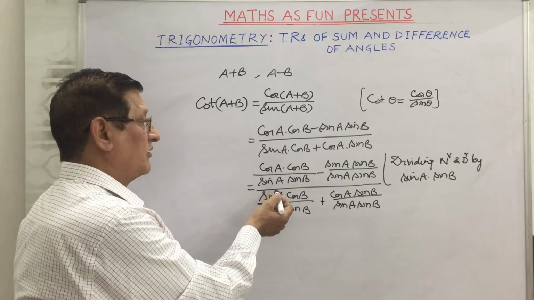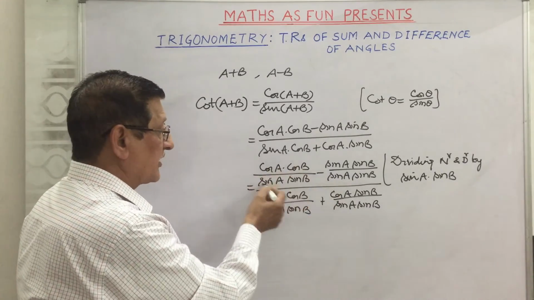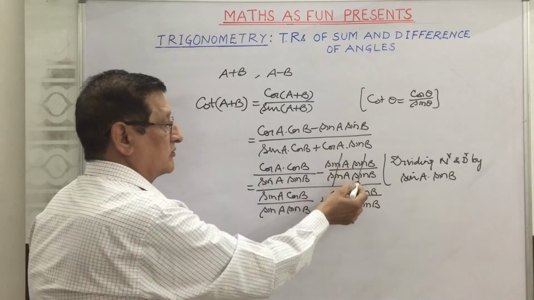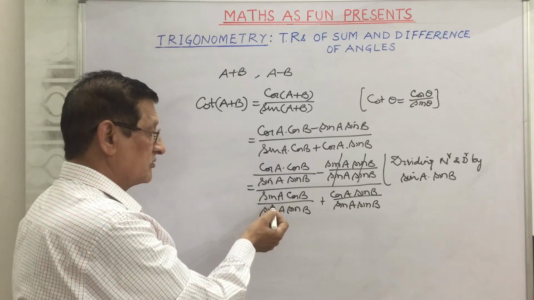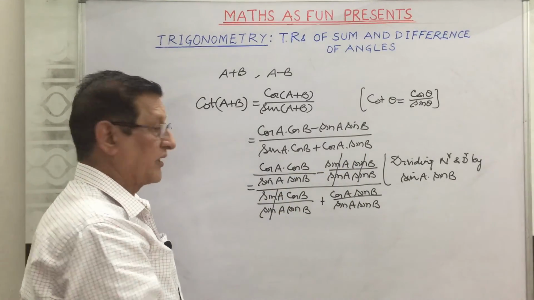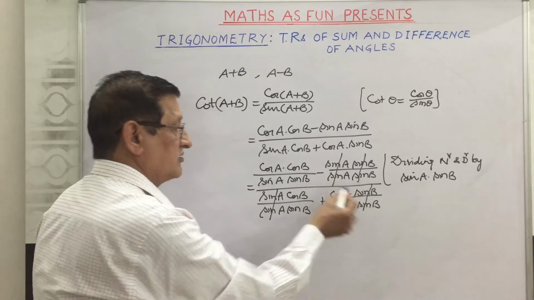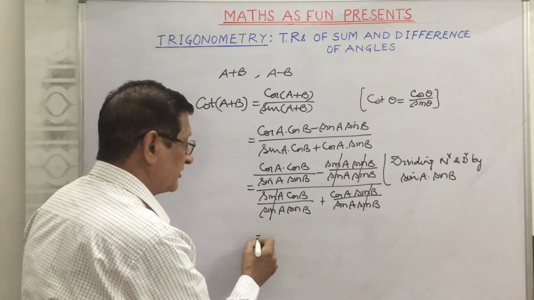See here, nothing is cancelled here, but here both are cancelled. In this, sin A is cancelled, and in this, sin B is cancelled. And then what are we getting?